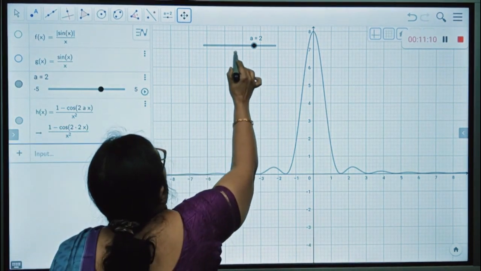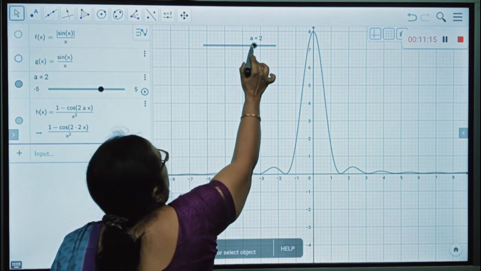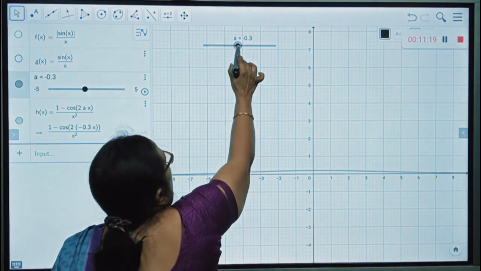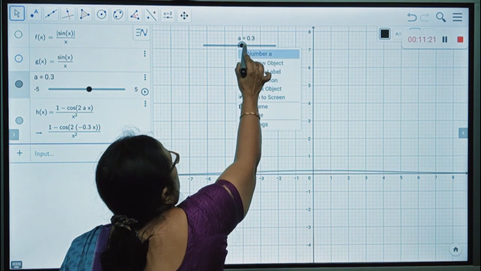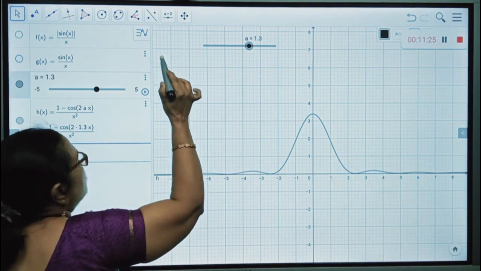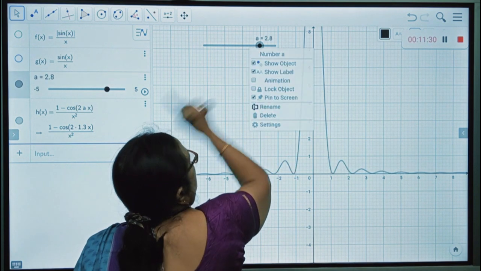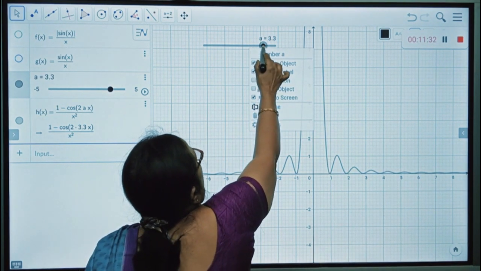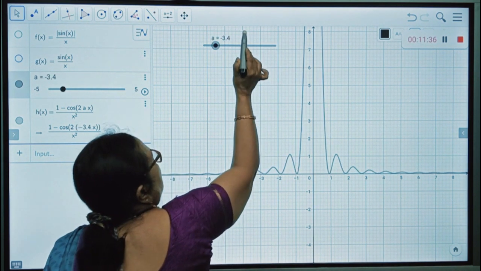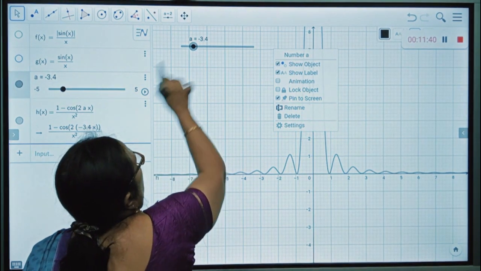Suppose I change the value of a. You can see how the graph changes. This is how the graph looks. This is when a equal to minus 3.4.